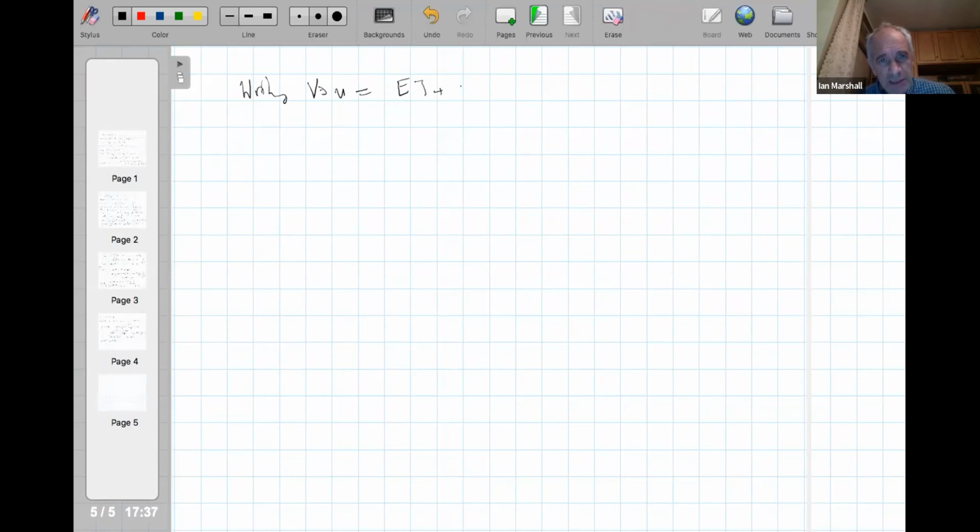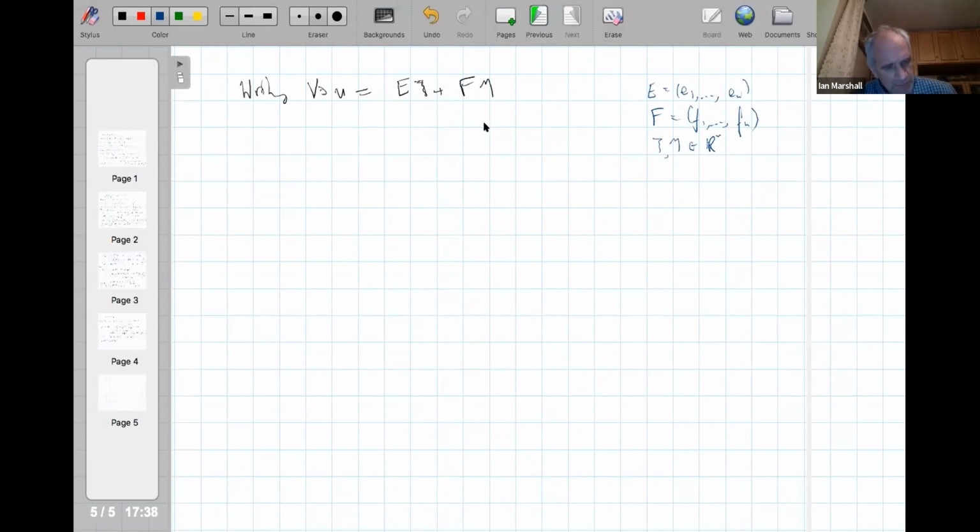Where E and F represent this symplectic basis. So I'm not going to keep reminding you of this every time, but I'll do it just this once. So E is equal to E1 up to En, F is equal to F1 up to Fn, and xi and eta are in Rn. So this notation here represents these linear combinations. It just says that I've got a linear combination of E's and a linear combination of F's, and I'm writing it like that.